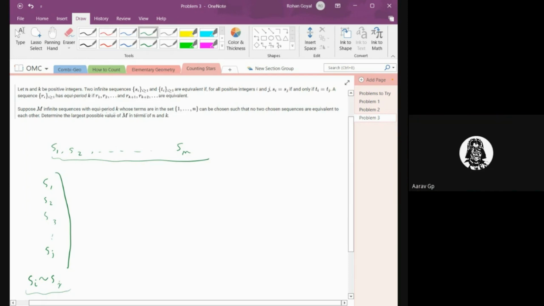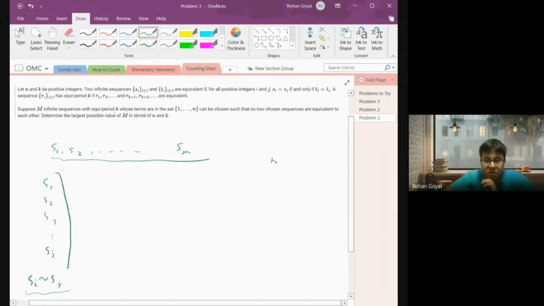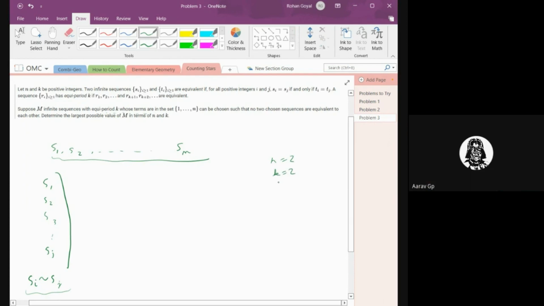But in some cases, we will also get infinity as the answer. What do you mean? For example, if n is an even number and the period is K, let's say n equal to K equal to 2.